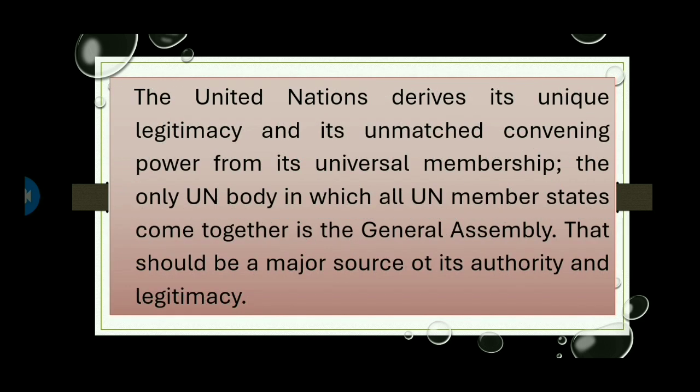Next, the United Nations derives its unique legitimacy and its unmatched convening power from its universal membership. The only UN body in which all UN member states come together is the General Assembly, that should be a major source of its authority and legitimacy.